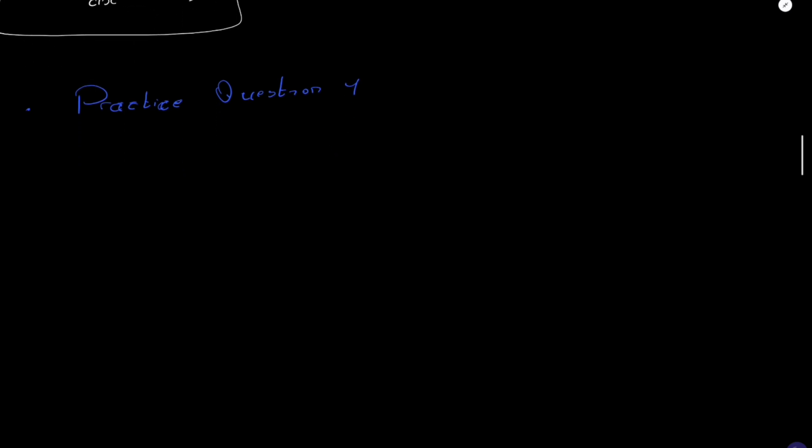So what does this practice question 1 ask us to do? Find dy/dx if x squared plus sine y is equal to 0. So we'll still follow the same steps. What's our first step? If you can still recall, our first step was to ensure that we have an equation in terms of x and y. In this case, we already have.